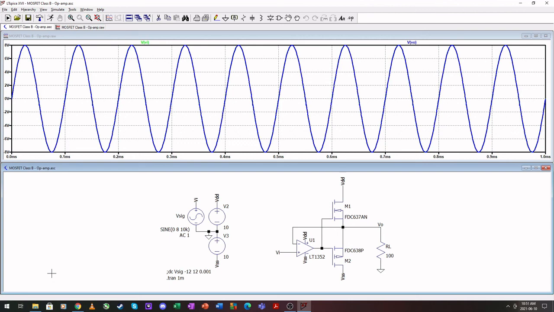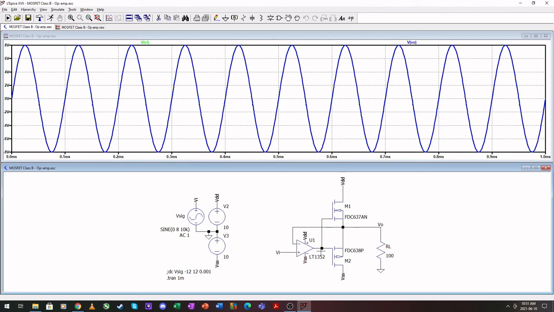That means that your op amp and your output stage together has started to create some form of oscillations. I found that that is typical with your JFET input operational amplifiers. So you're going to have to play around to find one that does not cause your circuit to start oscillating. Right, so that's one thing to look out for.